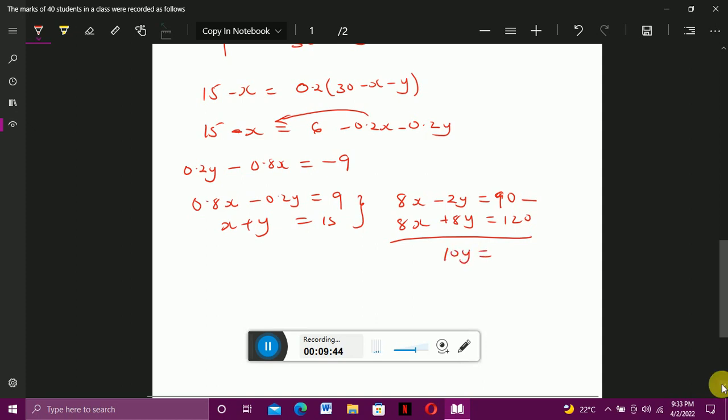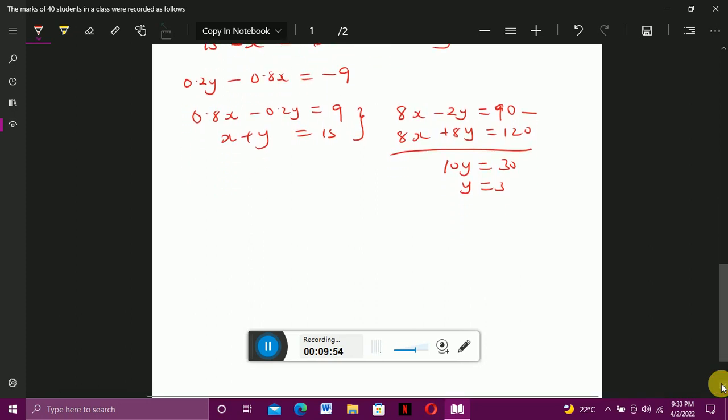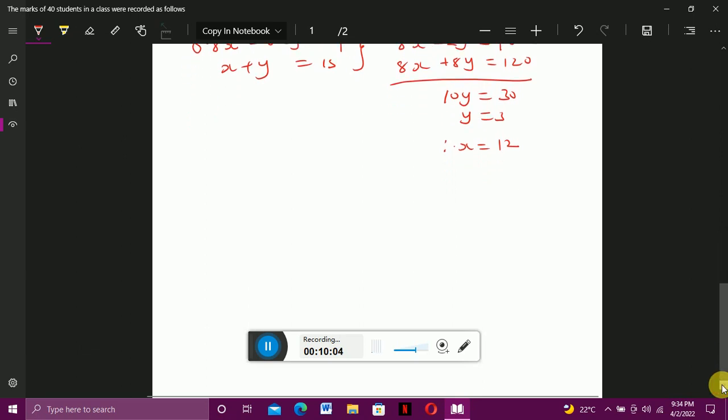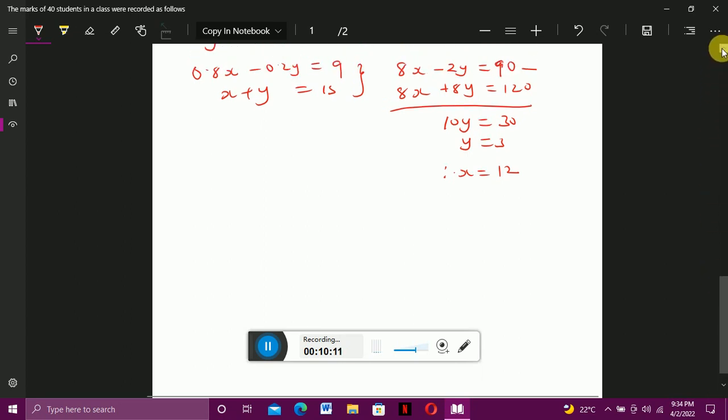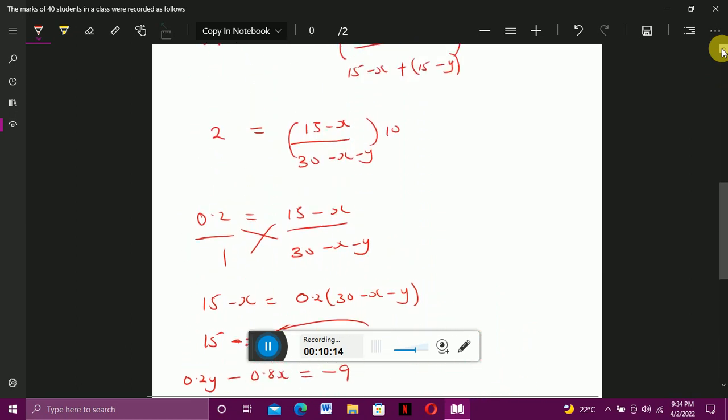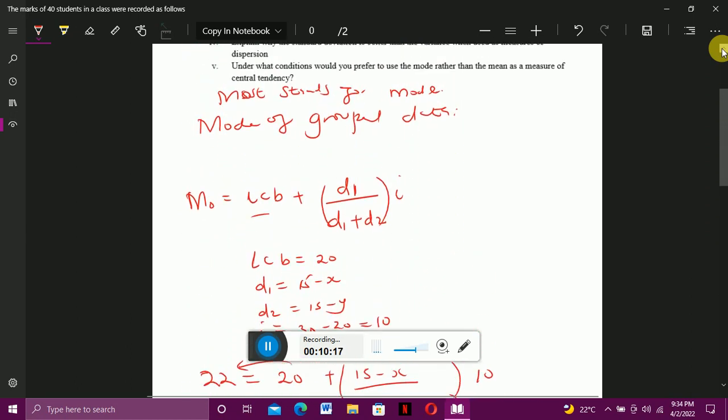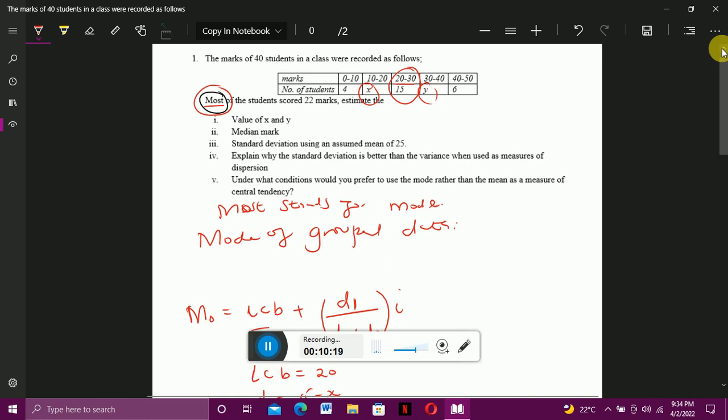So that we get 10y is 30, y is 3. If y is 3, it follows automatically that x is 12 because x plus y is 15. So we are done as far as getting the value of x and y.